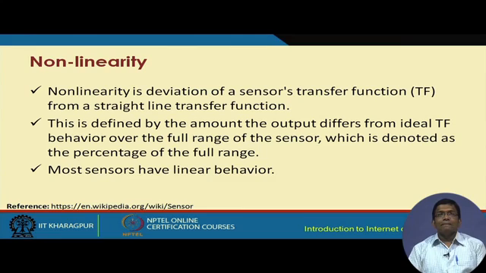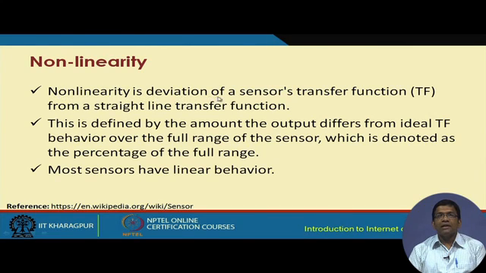Now, these sensors typically have linear behavior. Most of these sensors, not all, have a linear behavior. But there is often in practice a non-linear behavior that is exhibited by these sensors, and ideally they should behave linearly, but in practice they often behave non-linearly.